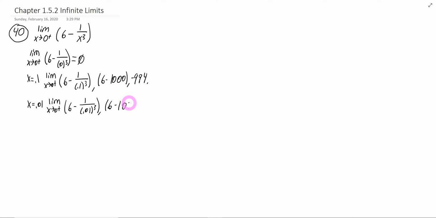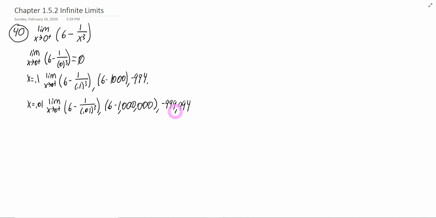So, as you can see, 6 is kind of getting obliterated here. And I'll put in some parentheses just to make this a little clearer. So there you go. And this right here gives us a result of negative 999,994.